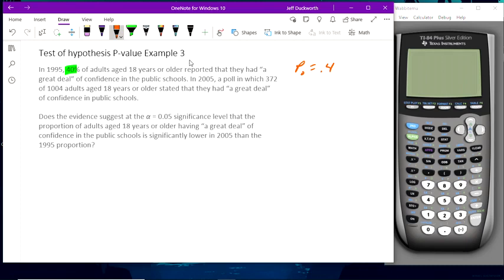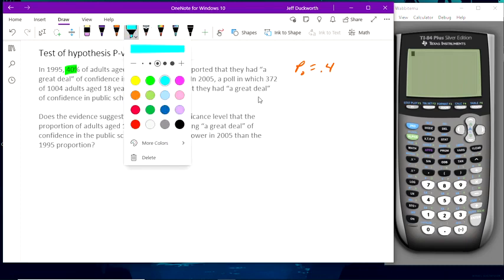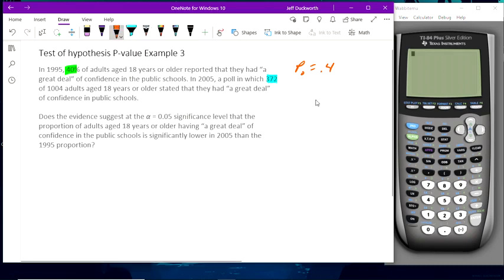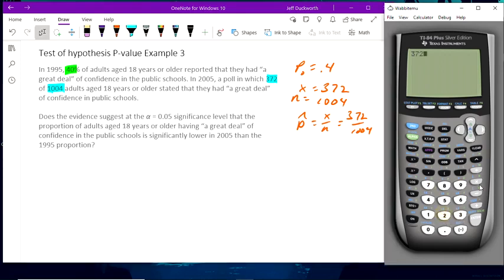Our x is 372, and our n equals 1004, which makes p hat equal 372 over 1004, and we can find that value here as about 0.371.